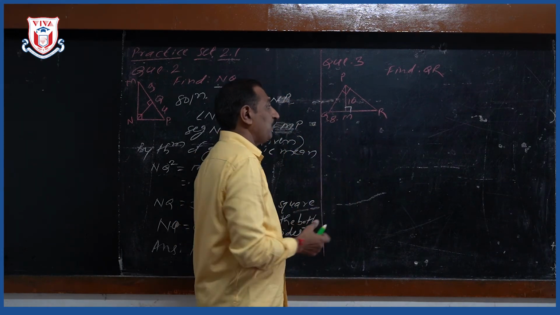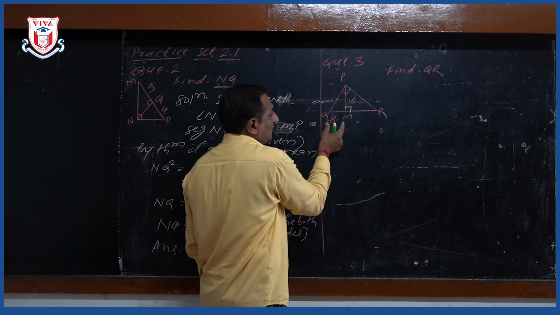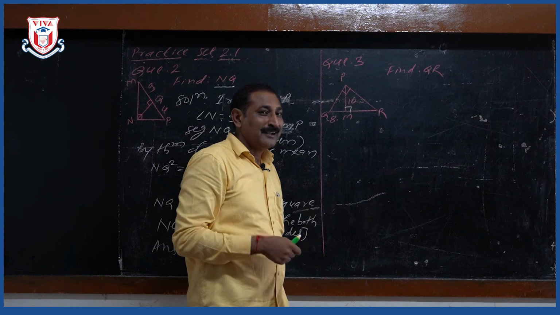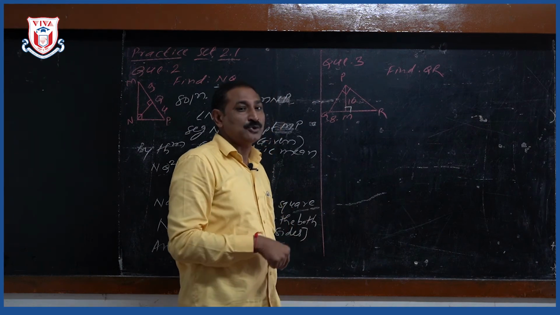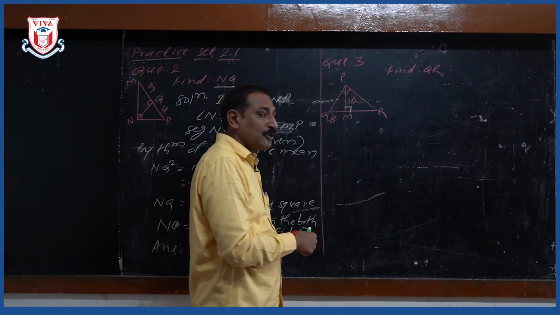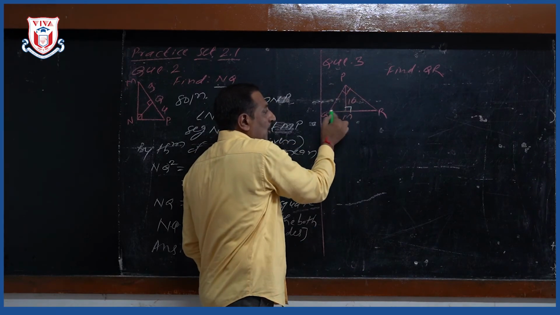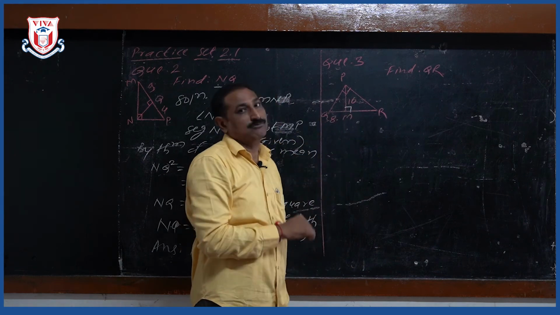How to find it? First you find the MR. If you find MR, then QR is equal to QM plus MR. Again you use the theorem of geometric mean. Why do you use this? A right angle triangle is given and the perpendicular is drawn to the hypotenuse, that's why.